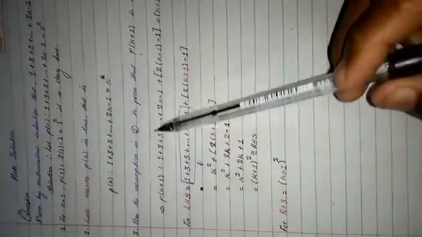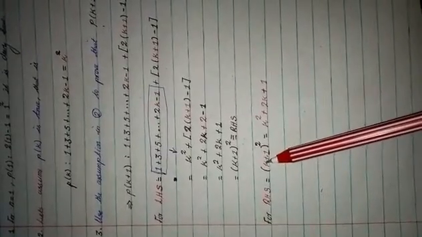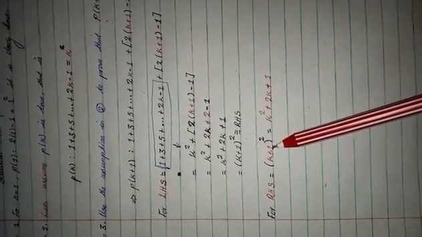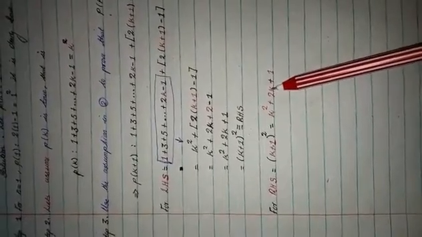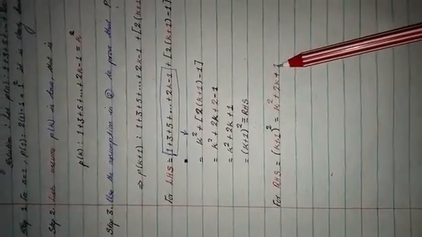Is it possible? Yes, we can show that. So expanding this, we get k squared, then k times positive 1, which is k, multiplied by 2 gives 2k, then 1 raised to power 2, which is basically 1.